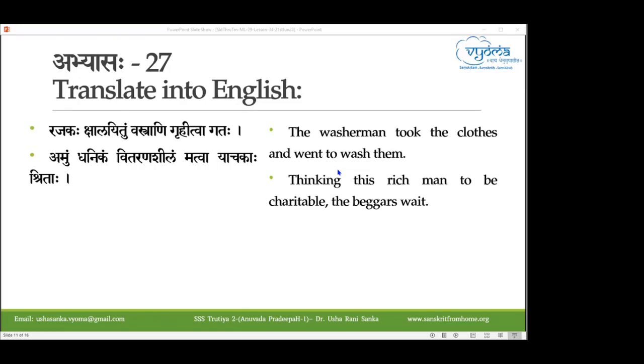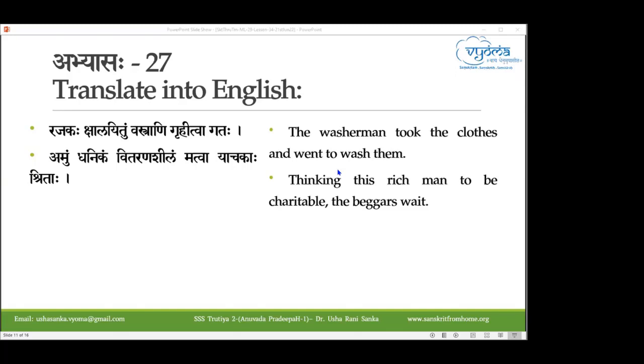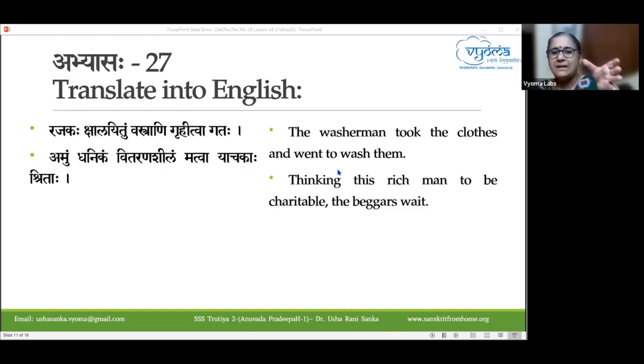Matva is continuous tense? No, it's not continuous. Having thought, that's what. So then considering will not come? Like thinking is used, we can use considering, but we have to use past tense, they approached it. Though we start with ing, it will be covered there because we used past there.